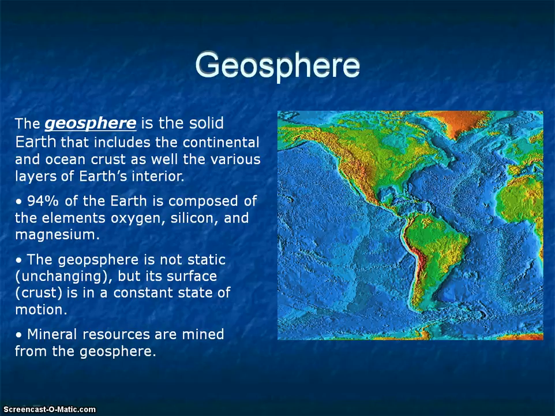Only the crust is going to be something that is constantly in motion. And later on in the next unit, we're going to be looking at these different continental and oceanic plates, and how they interact with each other to form fault lines, volcanoes, mountain ranges, those types of things.